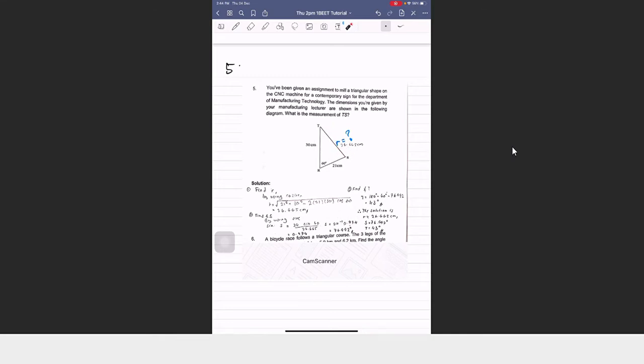If you are given triangle ABC, A equals that, B equals that, this angle equals that, and told to solve the triangle, that means you are to find all the missing lengths and missing angles. But because this is an application question, it is not saying solve the triangle. It's an oblique triangle and straightforward. They want the measurement of TS, just this length.